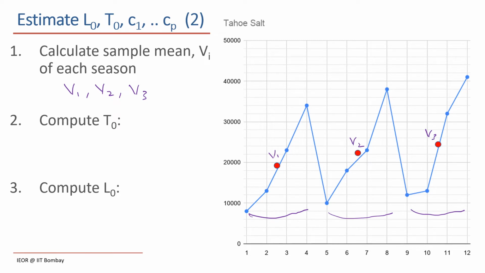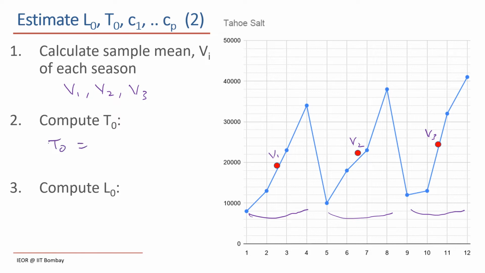Since I know all these midpoint or mean values, I have removed the effect of seasonality. Now all I have is the mean value, and if the mean shows an increasing trend, I can use V1, V2 and V3 to estimate my trend value. The trend value is nothing but delta y divided by delta x.